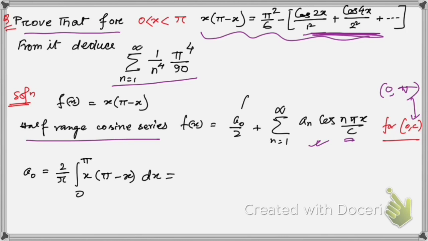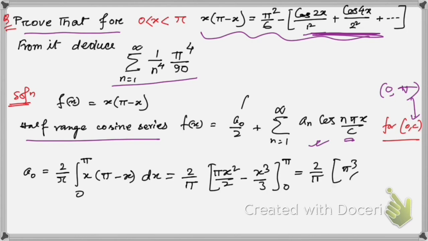If you integrate this, you get 2 by pi times pi x square by 2 minus x cube by 3, with interval 0 to pi. Putting in the upper and lower limits, we get 2 by pi times pi cube by 2 minus pi cube by 3, which implies pi square by 3. After simplification we have got a naught.